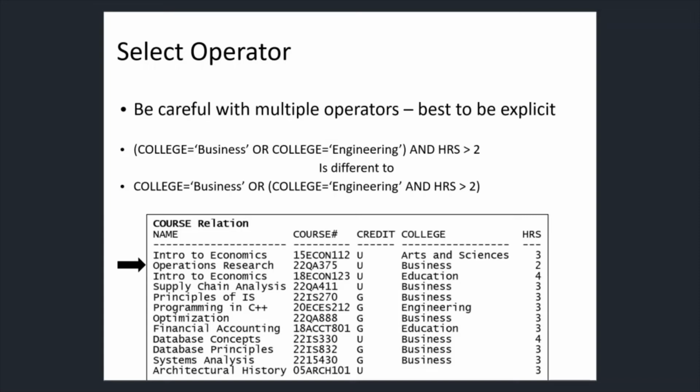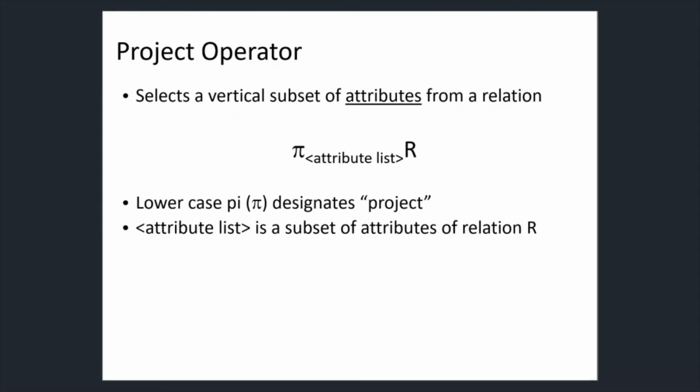However, in the second example, we're applying that hours greater than 2 only to the engineering course. As a result, the operations research class would not be eliminated since it is a business course and the hours greater than 2 requirement no longer applies.